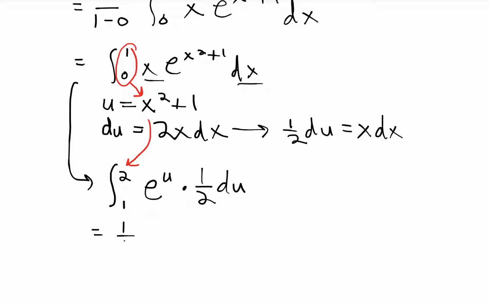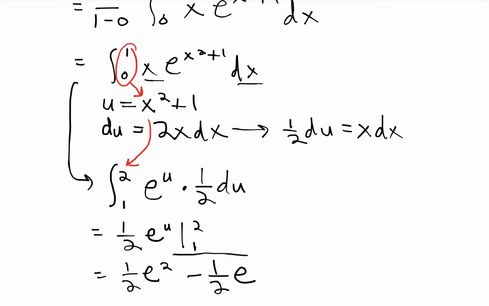I can just directly evaluate my integral here. So I'm going to get a half e squared minus a half e to the 1, but really that's just e. So even though it's kind of messy, this is going to be the average value of that function on that interval.